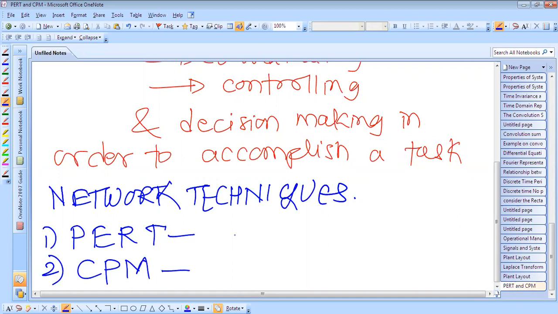These two techniques we have to use for the analysis of networks.